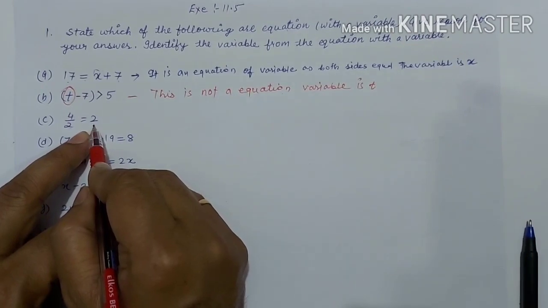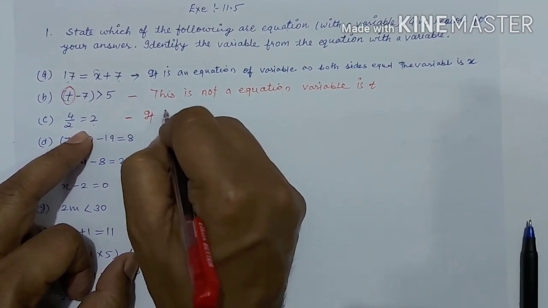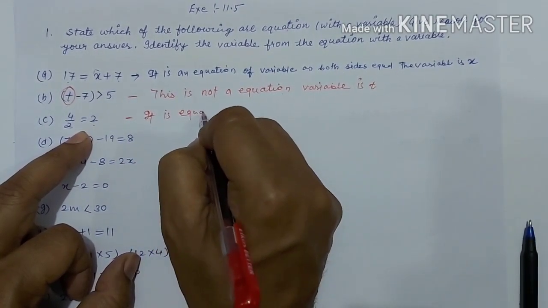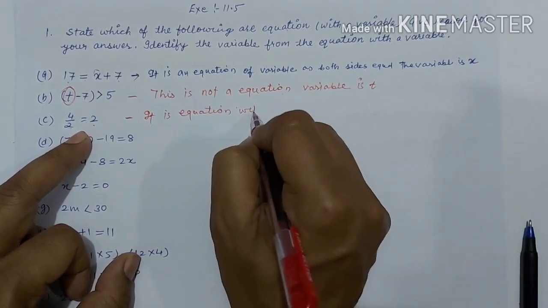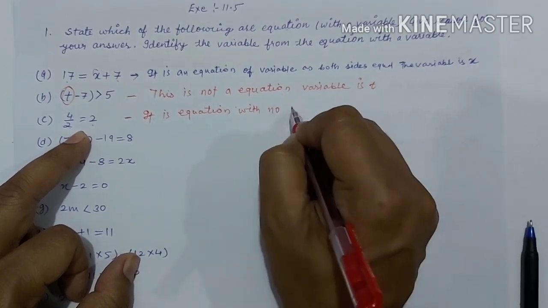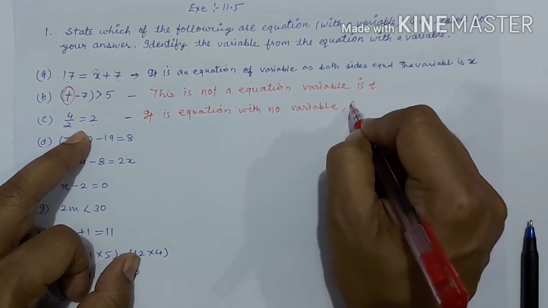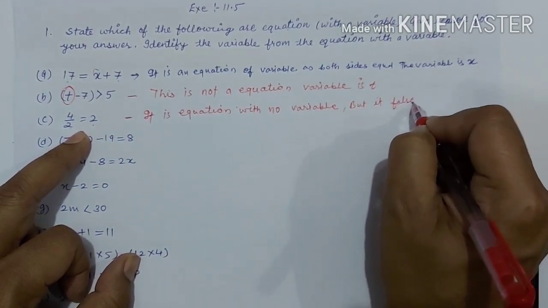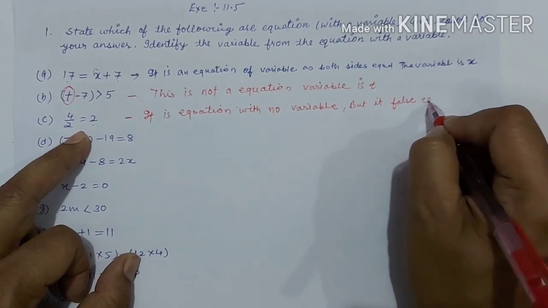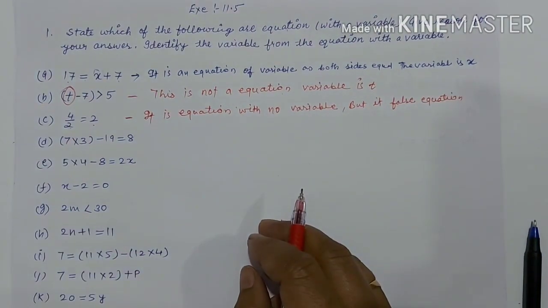It means it is an equation, with no variable, but it is a false equation. The variable is not here, it means this is a false equation.